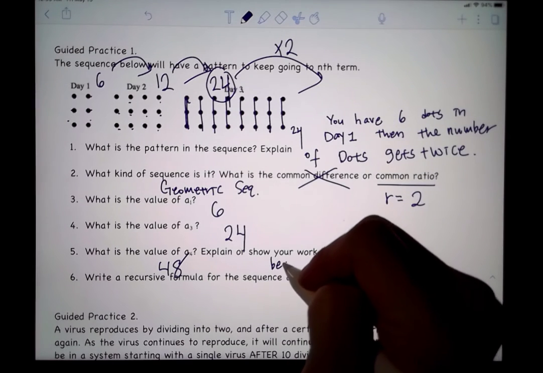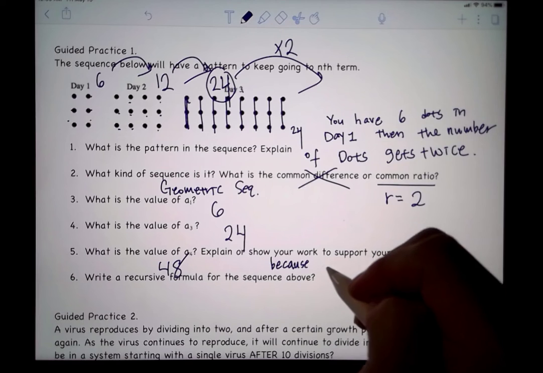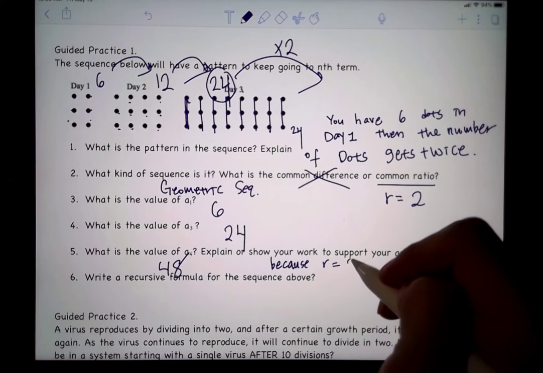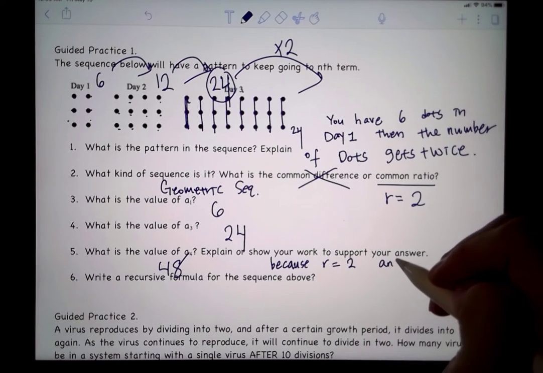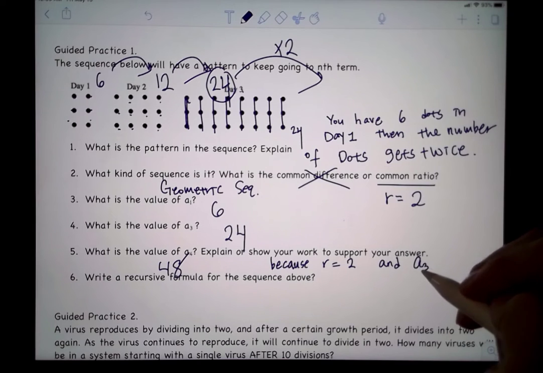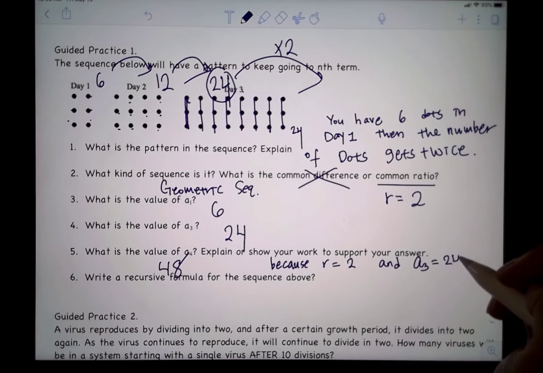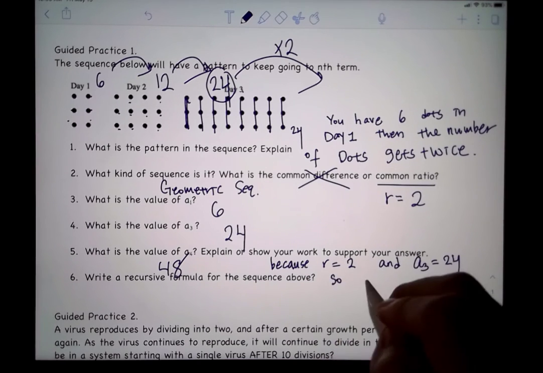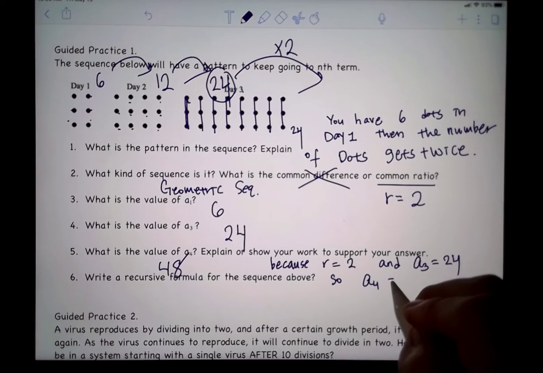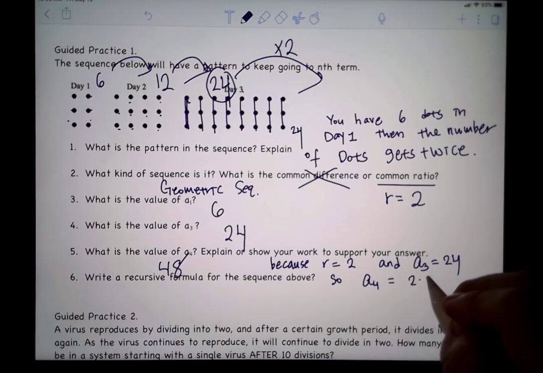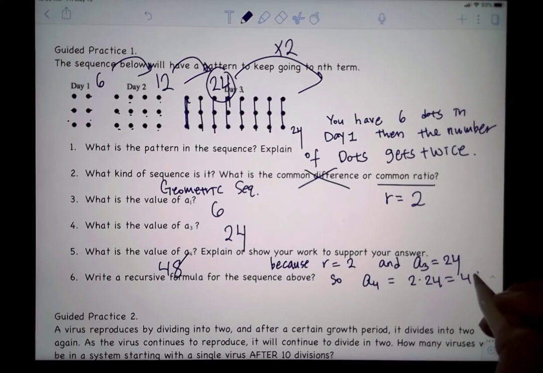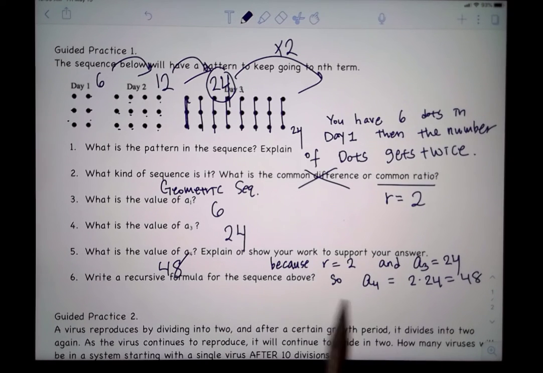Because R equals 2 and the third term is 24, A4 equals 2 times 24. So you get 48. You can answer that for number 5, right?